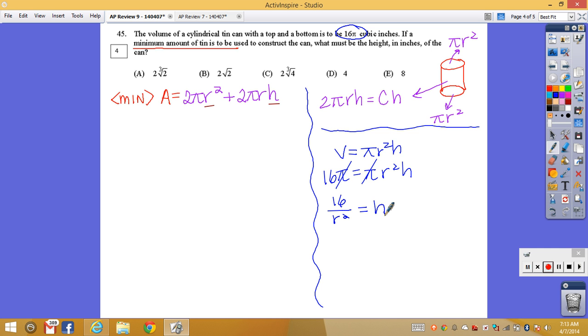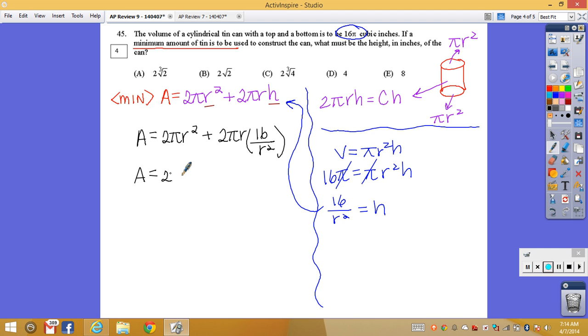So now that I have one variable solved for, I'm going to substitute in, and I end up with that the area is equal to 2 pi r squared plus 2 pi r, and then the h is 16 over r squared. Let's rewrite this guy, 2 pi r squared plus 32 pi r to the negative 1 power.